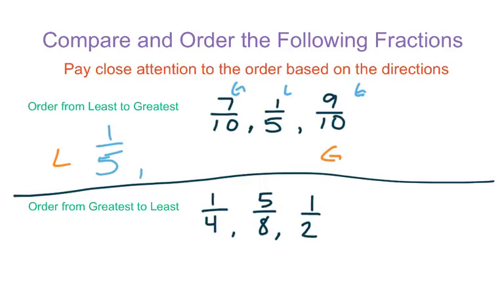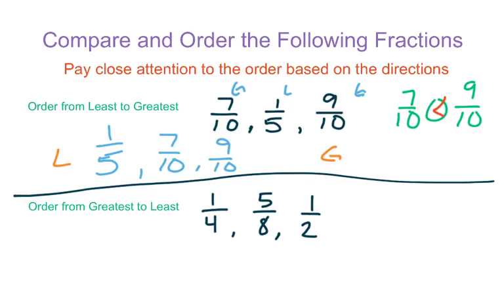My other two fractions have the same denominator, so I'm comparing 7/10 and 9/10. Because they have the same denominator, the fraction that has the larger numerator is the larger fraction, so that would be 9/10. Because I'm listing from least to greatest, I list 7/10 next, and then 9/10. So from least to greatest, I have 1/5, 7/10, and 9/10.